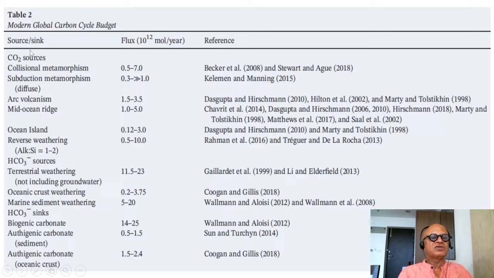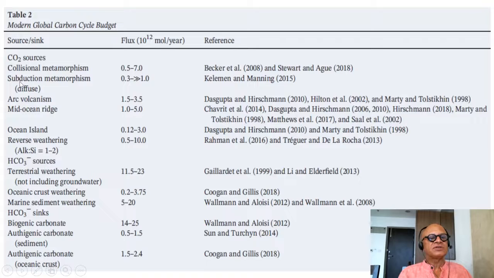So in terms of CO2 sources, we talked about collisional metamorphism, Indian subcontinent colliding with Asian subcontinent, landmass, and creating Himalayas is one good example. There was flood basalts there over time, forming the delta over India.